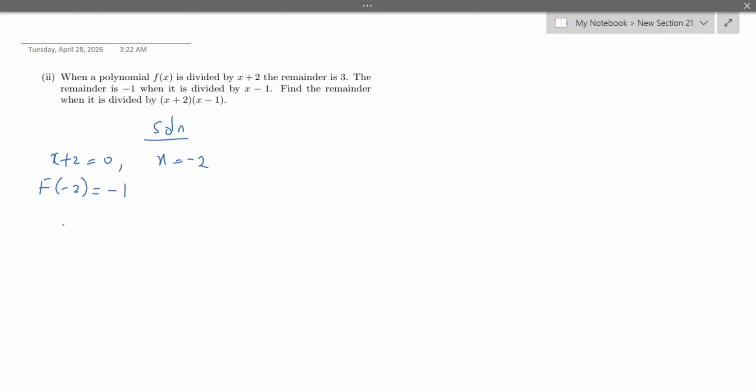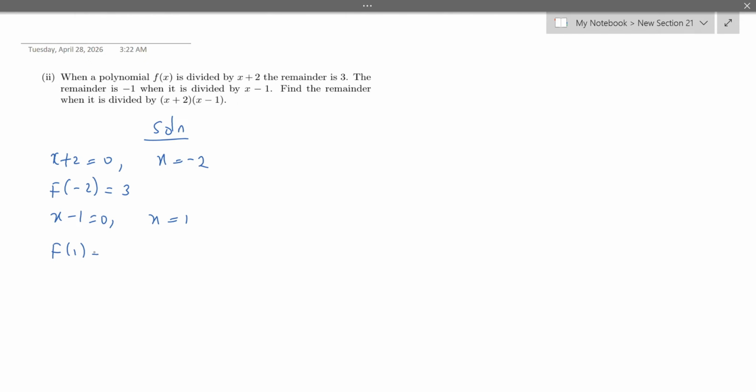Sorry, I made a mistake. Okay, f of minus 2 is equal to 3 from the remainder theorem, and also x minus 1 equals 0, so x is equal to 1.